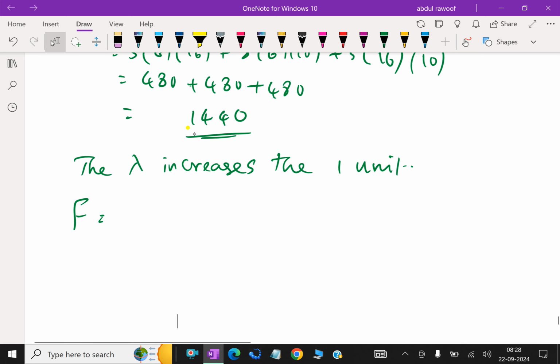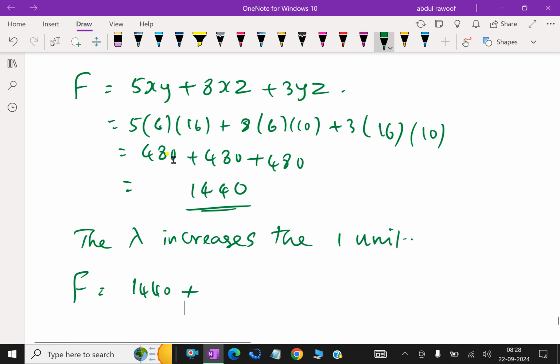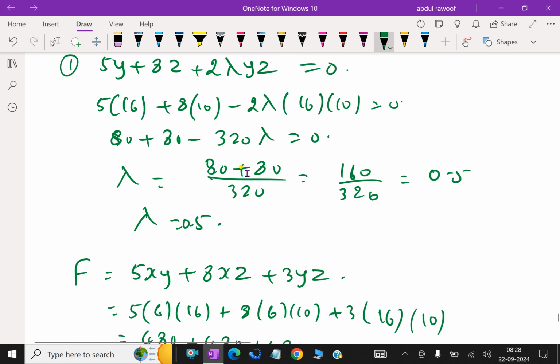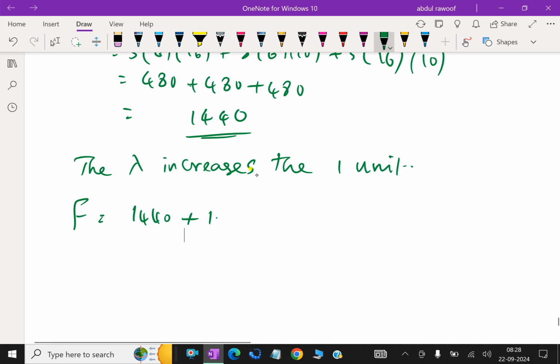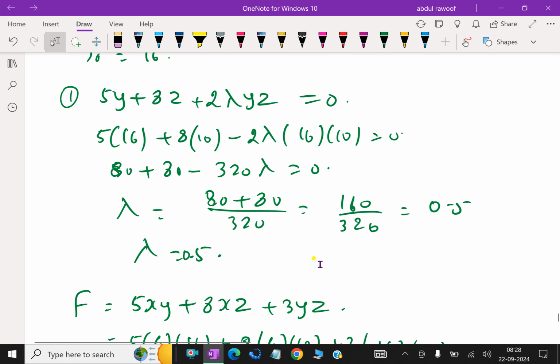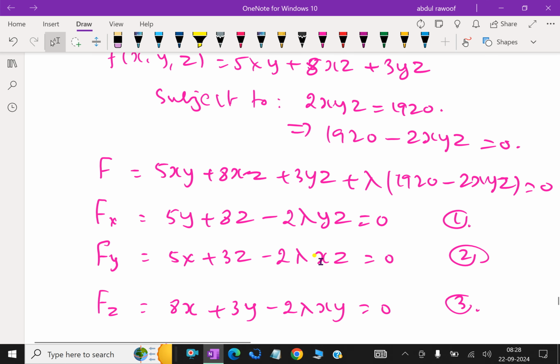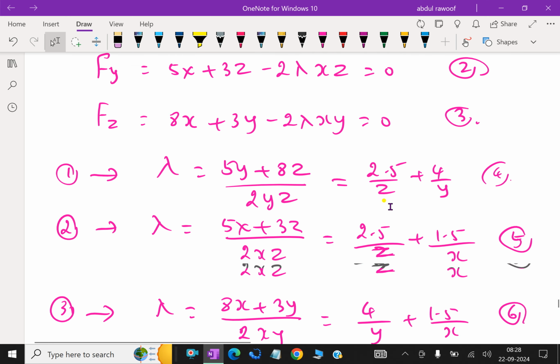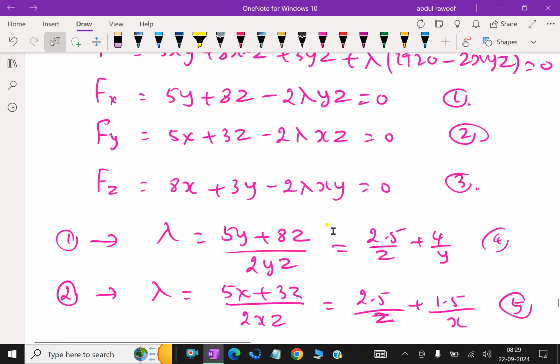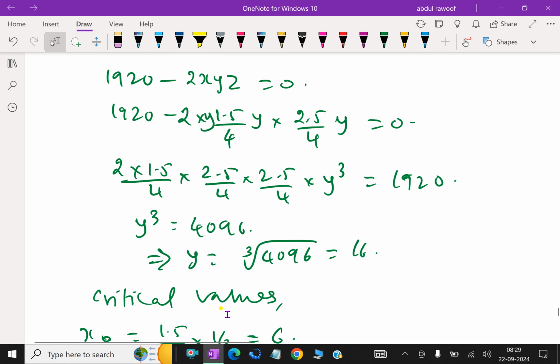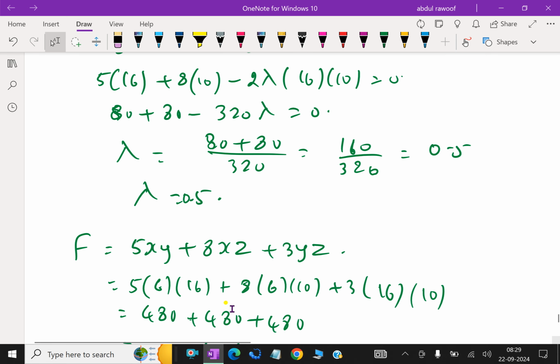That is 1440 plus 1.5, because lambda is already 0.5, and it increases 1 unit, it becomes 1.5.